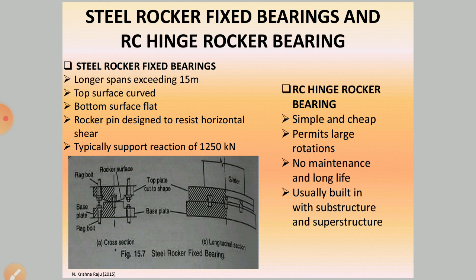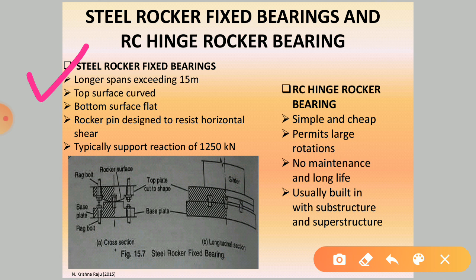First is the steel rocker fixed bearing. It is used for spans exceeding 15 meters. The top surface is curved, the bottom surface is flat. The rocker pin is designed to resist the horizontal shear, and it can support a load or reaction of 1250 kilonewton.